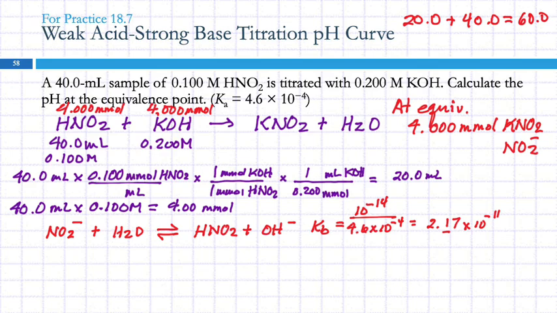So the NO2 minus concentration is going to be 4 millimoles divided by 60 milliliters, which is 0.0667.